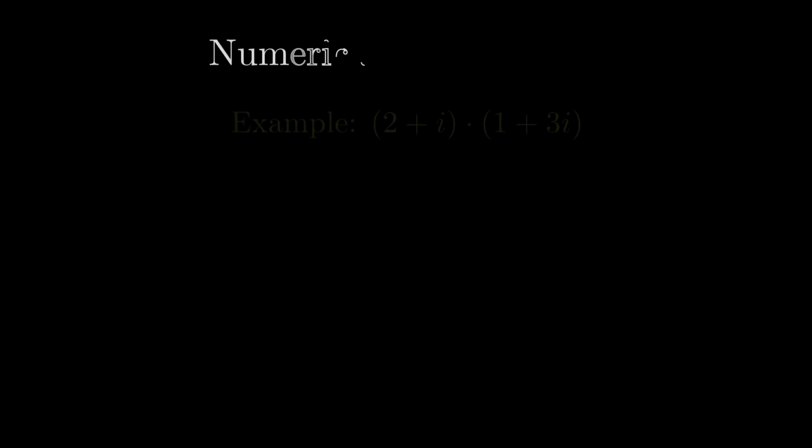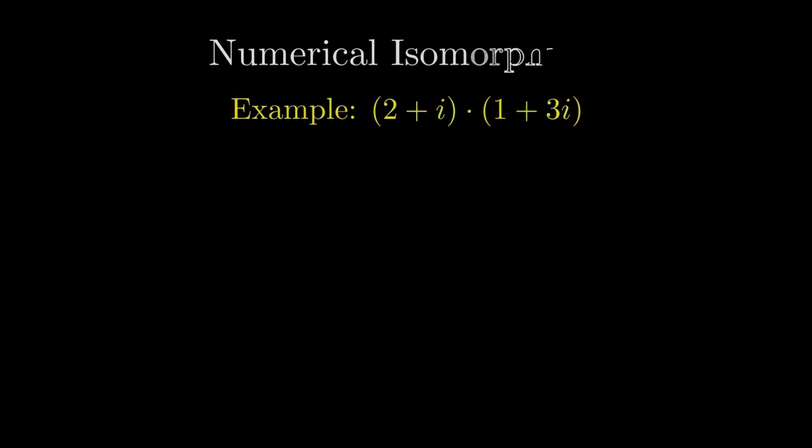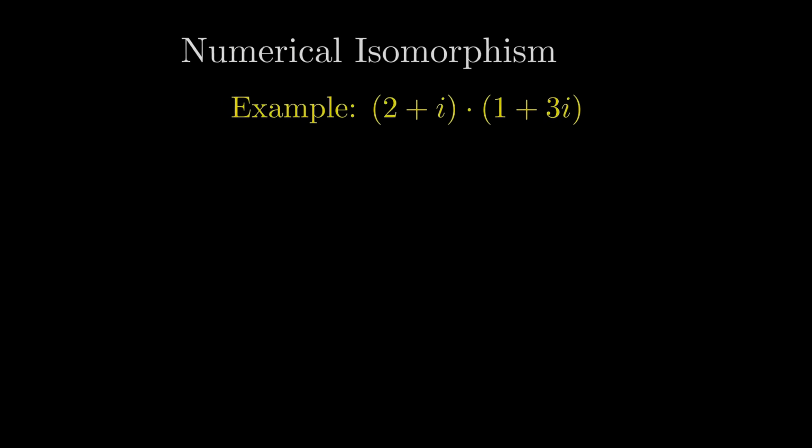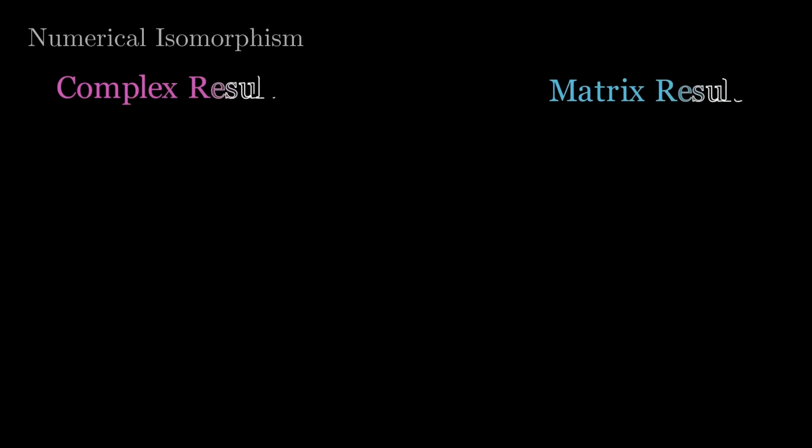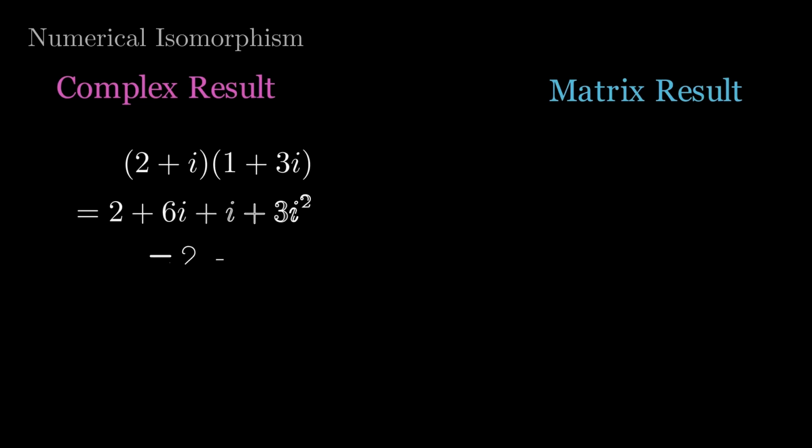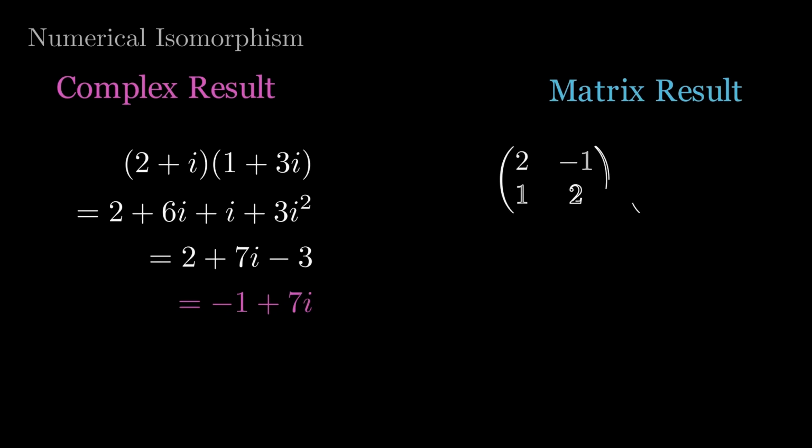Now let's test the matrix bridge with a real example. We will multiply (2 + i) by (1 + 3i) in two different ways. On the left, we use ordinary complex algebra, expand, combine like terms, and use i squared equals minus 1. That gives us the complex result, minus 1 plus 7i.